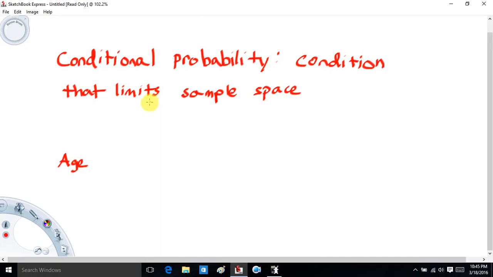We are trying to find the probability that a person under the age of 30 listens to rap.